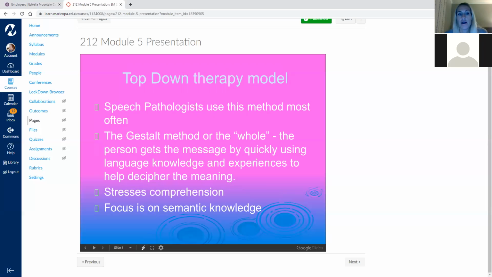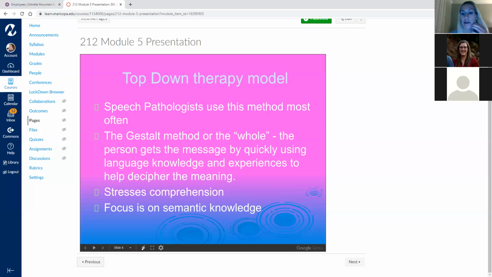Okay, thanks. So we look at the top-down therapy model. Could I ask another question about that? Yeah, go ahead. If processing is the auditory, would comprehension then be written or spoken language that you're having a hard time comprehending? From us as therapists, what we're targeting usually is language comprehension.